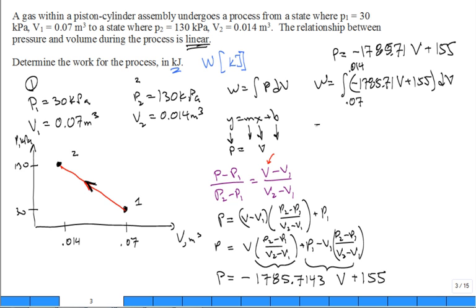And so you'll pick up negative 1785.71 times 1/2 V squared, evaluated from 0.07 to 0.014, plus 155 V, evaluated from 0.07 to 0.014.